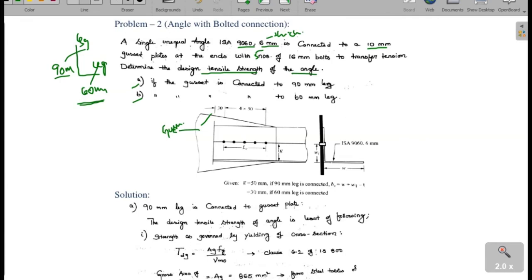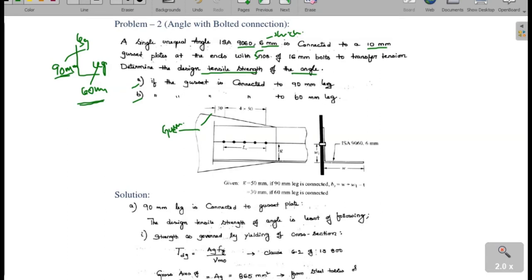This angle section has two legs, one is 90, one is 60 mm. Based on how it is fixed, this angle section is being bolted to the gusset plate. You can bolt in such a way that the gusset plate and the 90 mm leg of the angle are bolted in the first case.